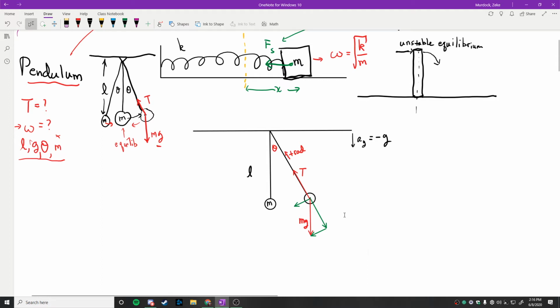And then we can say, well, if this angle at the top right here is theta, then this angle is also going to be theta, which means that our components for our weight are going to be, on this side, mg cos theta, and on this side over here, mg times the sine of theta.